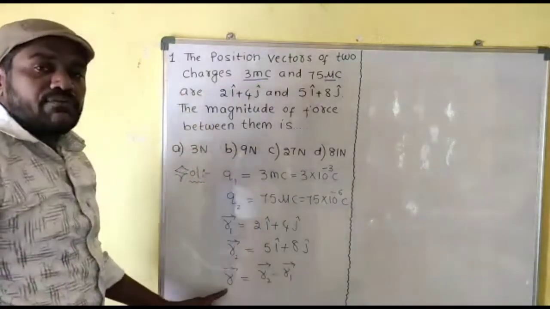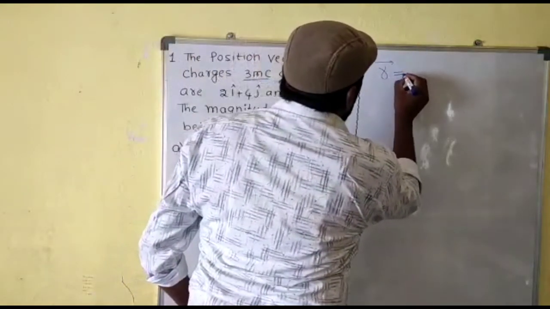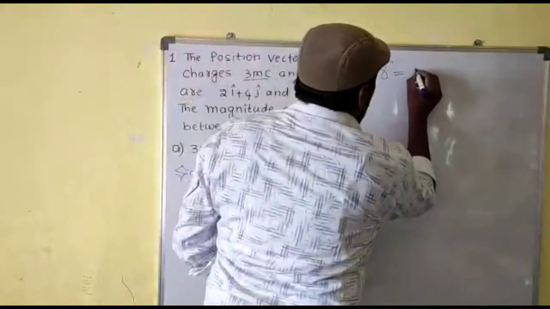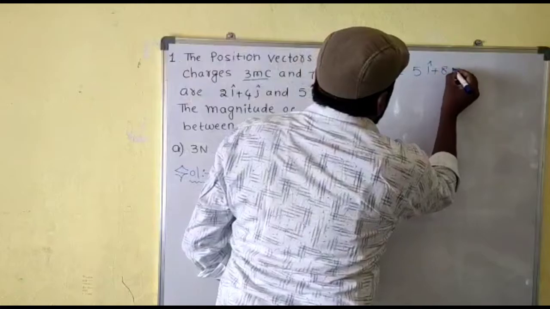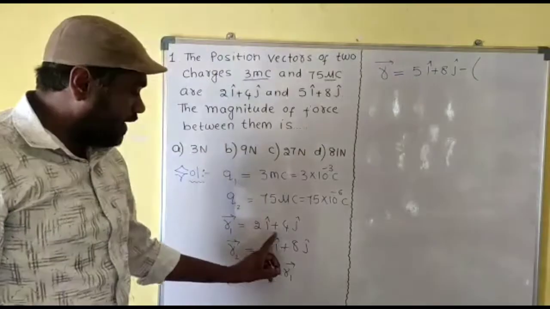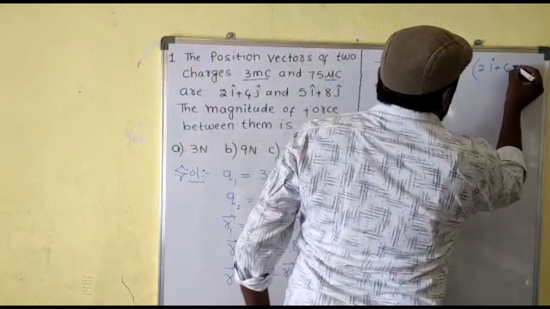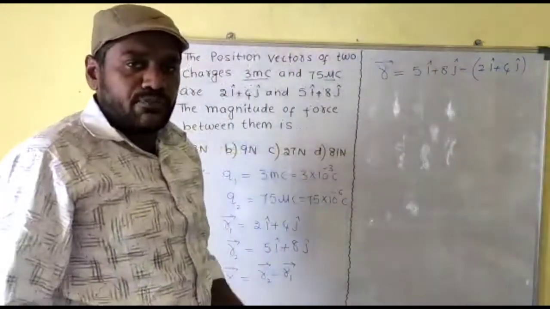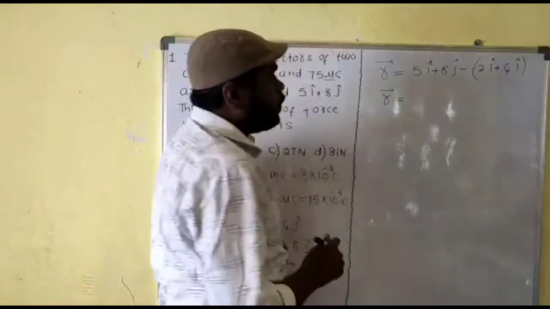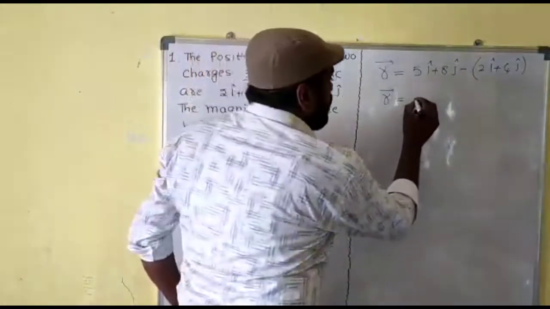So R bar equals 5I cap plus 8J cap minus 2I cap plus 4J cap. If you simplify, R bar is equal to 3I cap plus 4J cap.